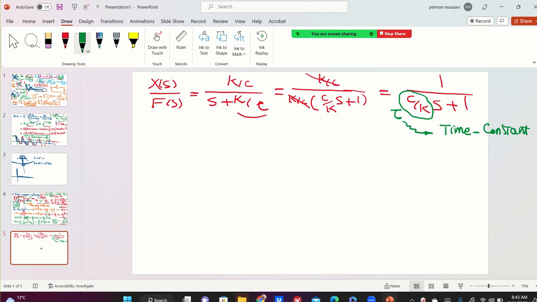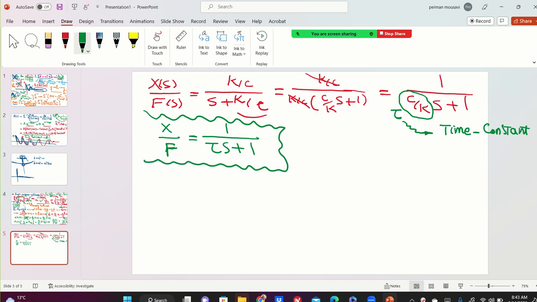It has a reason. So X over F, I'm dropping s because we know we are in the frequency domain, is 1 over tau s plus 1. This is the standard notation of the first order system.